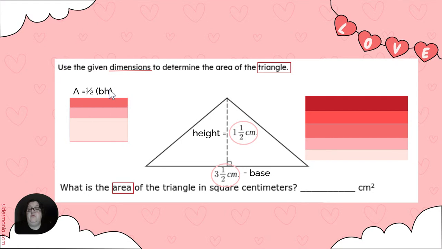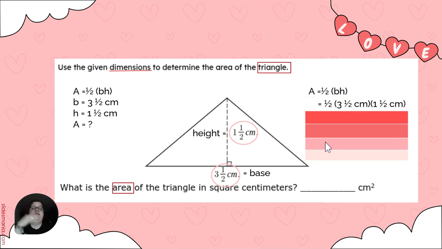Here we have our formula for area of a triangle. Notice it's a little bit different than the area of a parallelogram or a rectangle. It is actually 1/2 times base times height. We have our base, which is 3.5 centimeters, our height, which is 1.5 centimeters, and we're looking for the area.